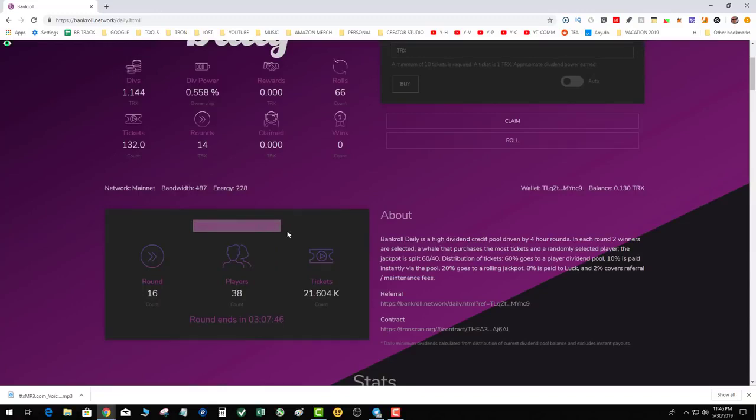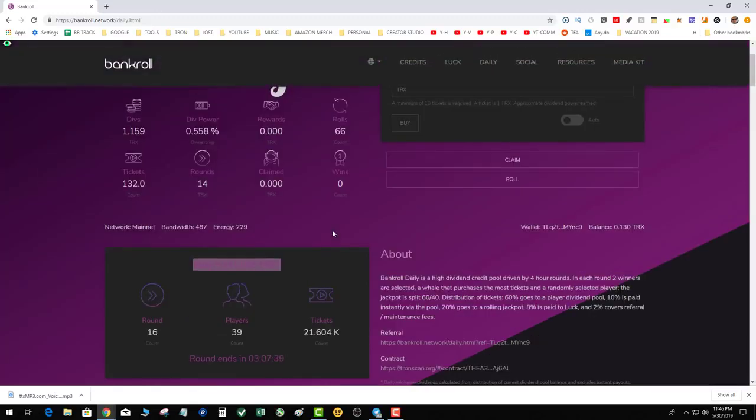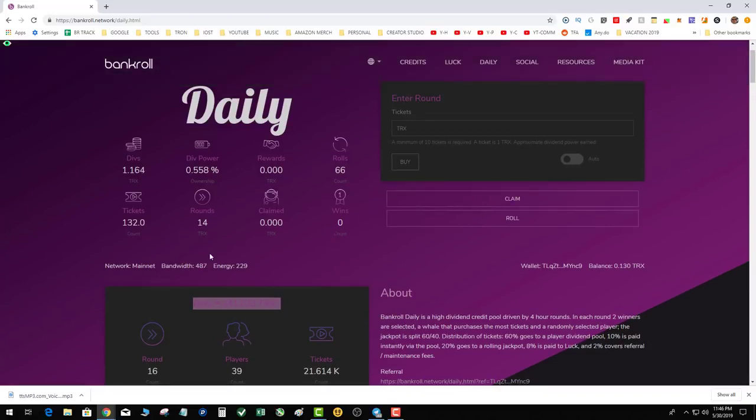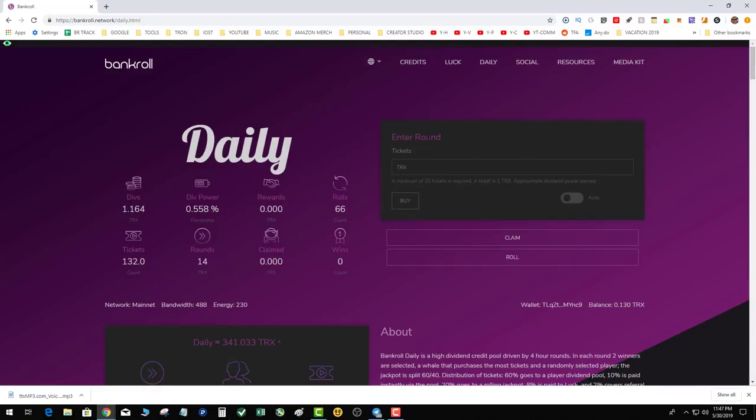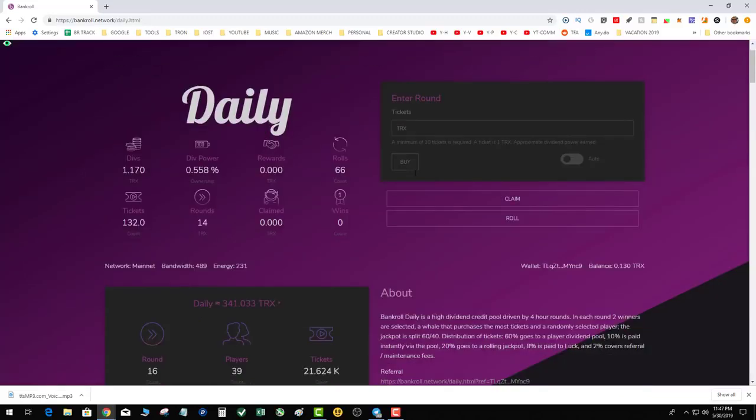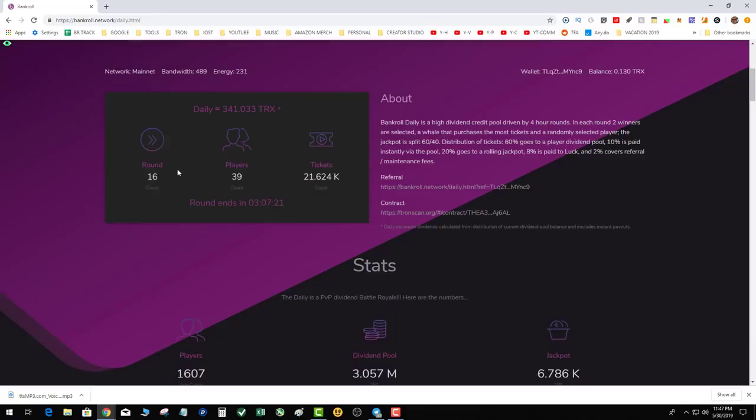That's number one. So the question is, how do you get started playing the game? We've already covered the object of the game, which is to get daily TRX. Basically you have rounds, broken into six 4-hour rounds in a 24-hour period. At any given time there are people playing. You see that this is round 16, with 39 people playing and 21,000 tickets.